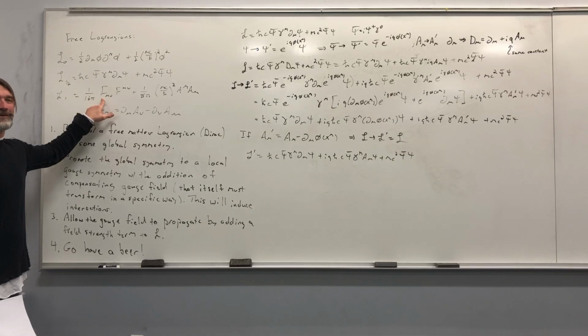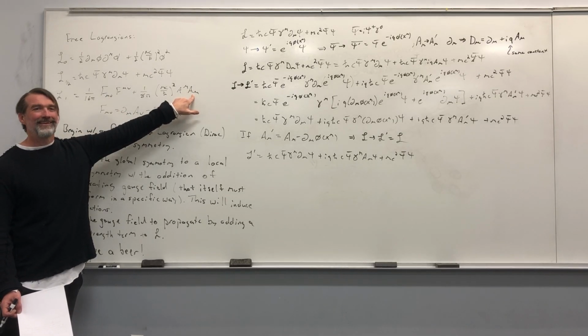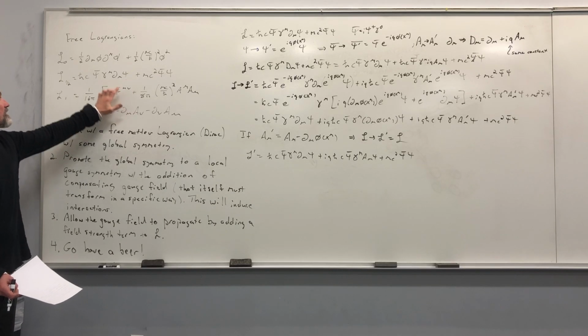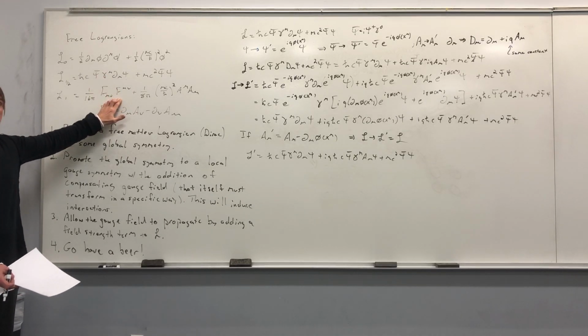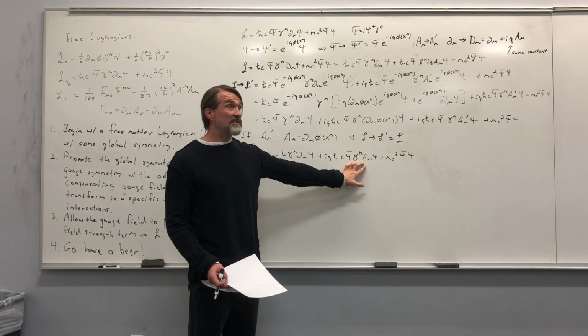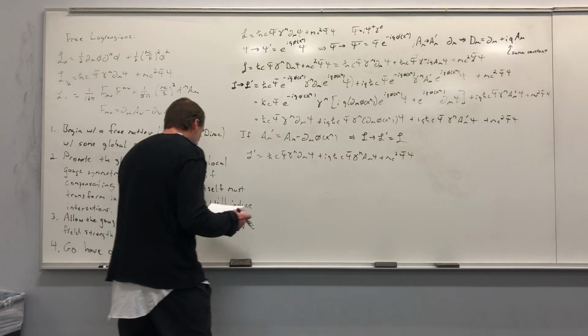This is the kinetic term for a vector field. We can just add in this bad boy. If we add this in, then both psi and A mu can propagate, and in addition, they will interact with each other. This is a beautiful story. Okay, so let's just add that term in.